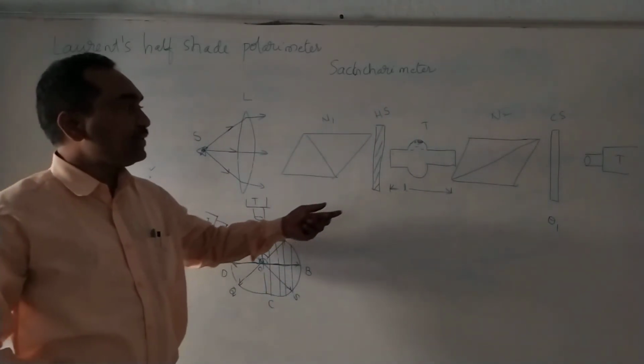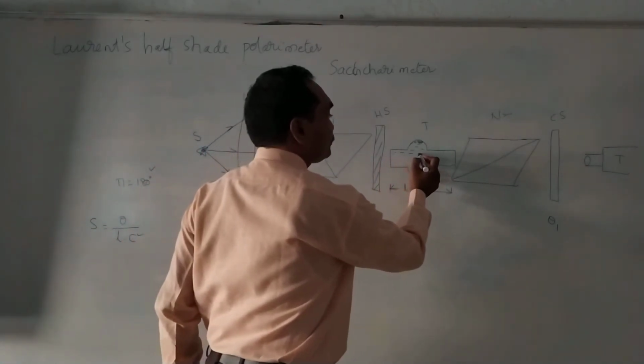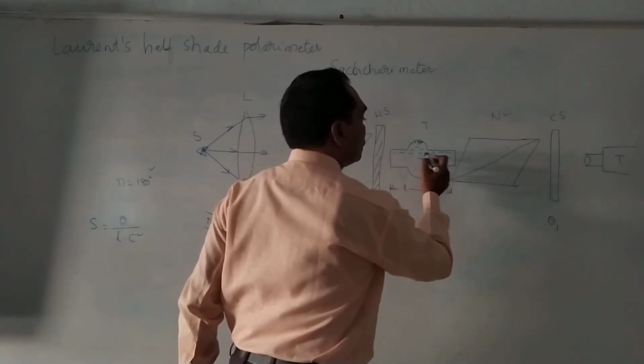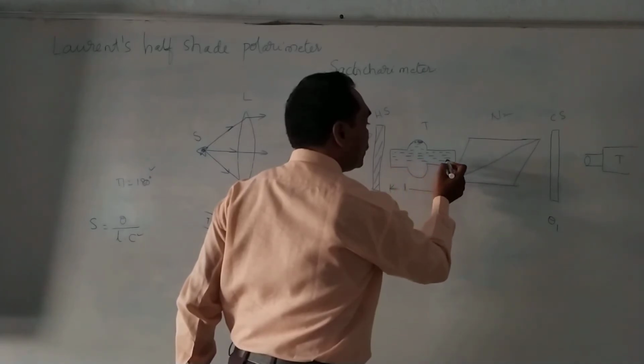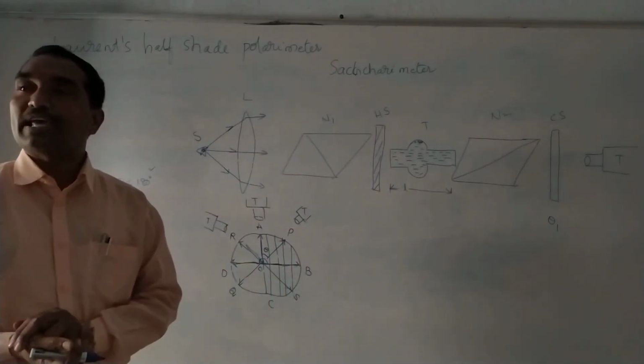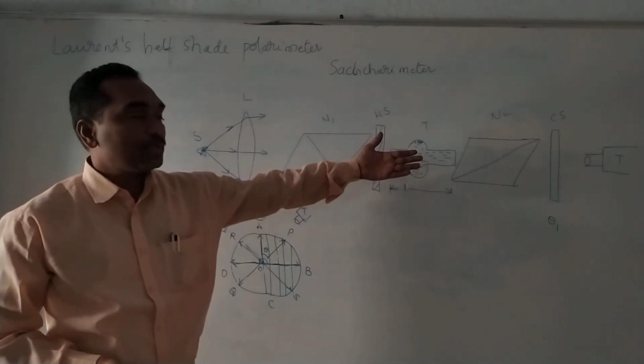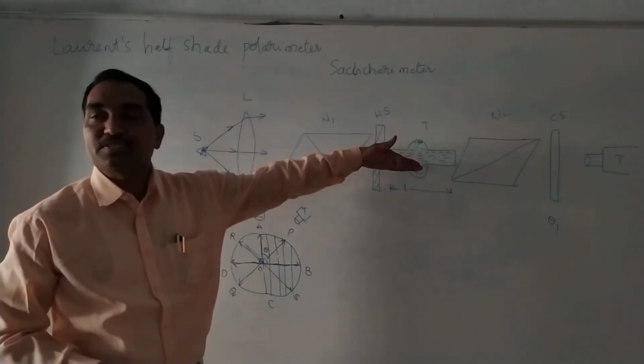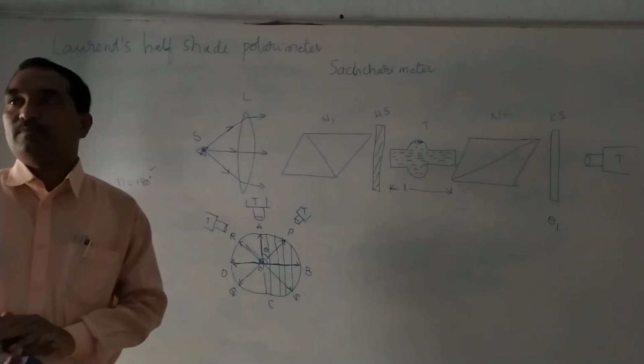Now we will fill the liquid into this glass tube. Then it rotates the plane of vibration of the plane polarized light.